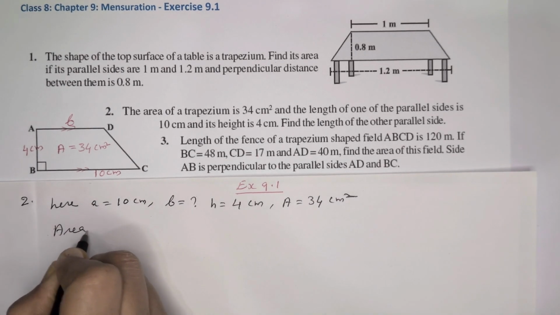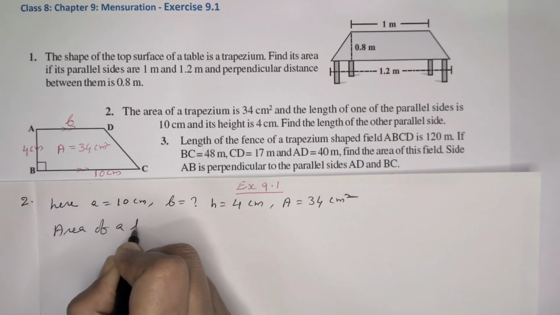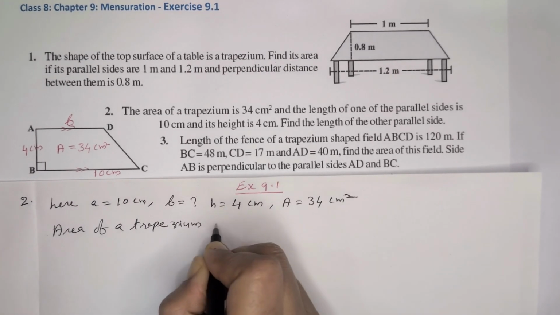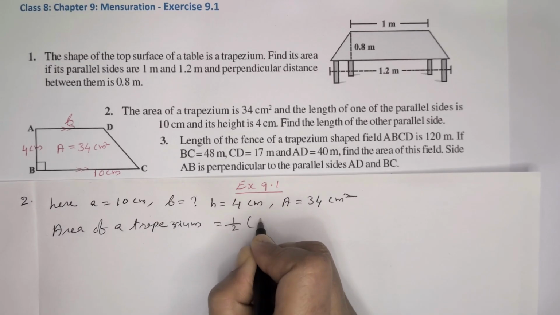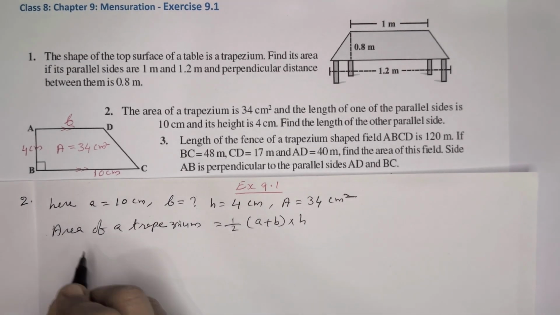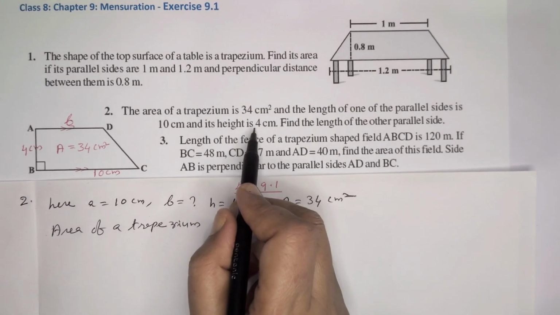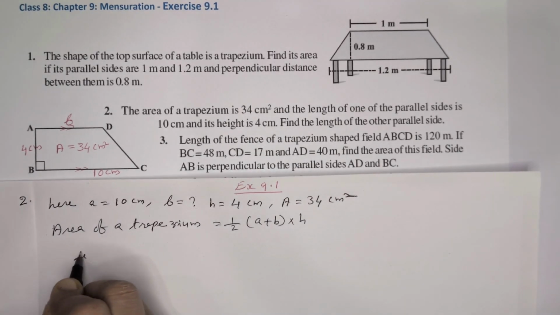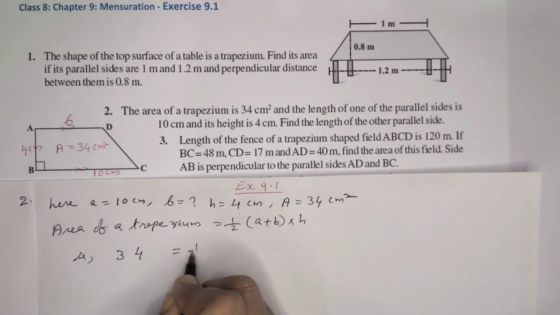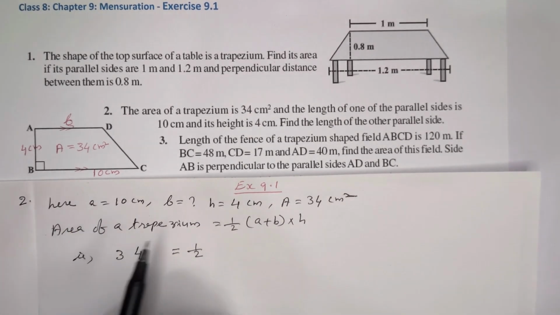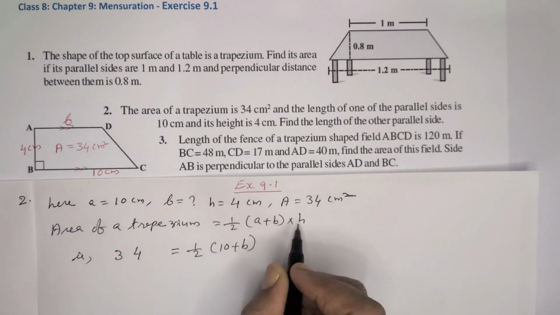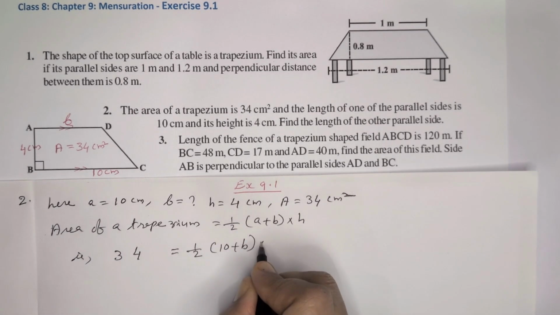Area of a trapezium is equal to half into (A plus B) into H. Here area is given as 34 centimeter square. So 34 is equal to half into (10 plus B) into 4.